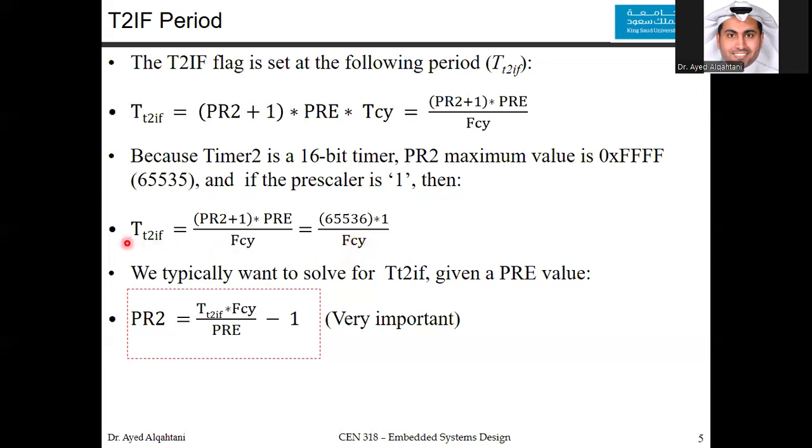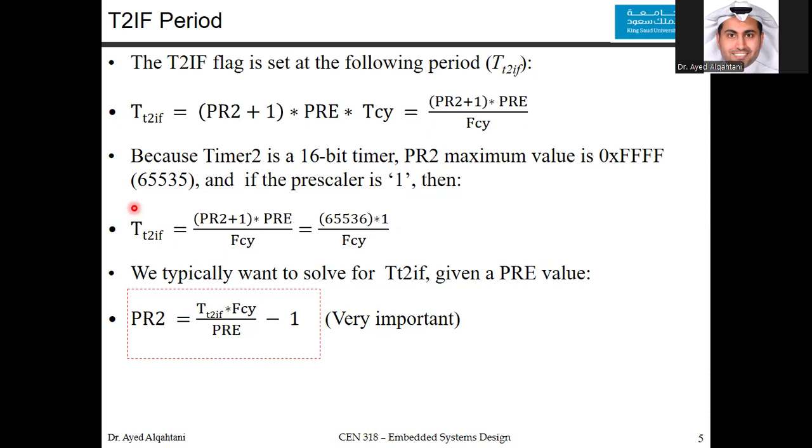So now if you look at this equation here, when you have a timer, usually you know the frequency of the instruction cycle because you know the frequency that your microcontroller runs on. You also know the timer rollover period, or you know exactly when this timer should expire.